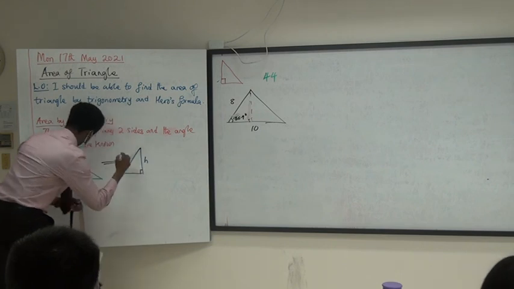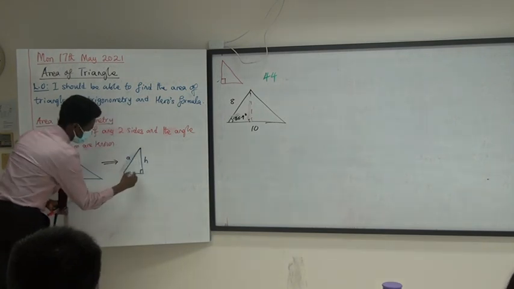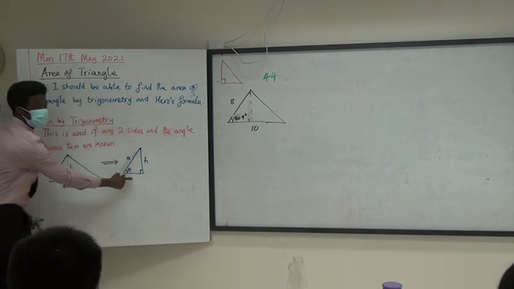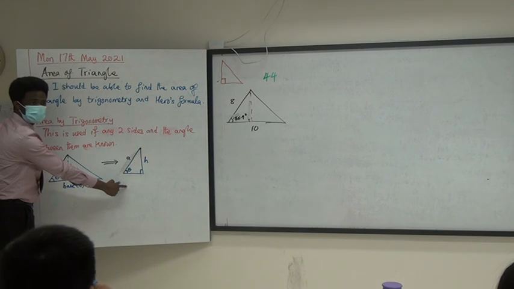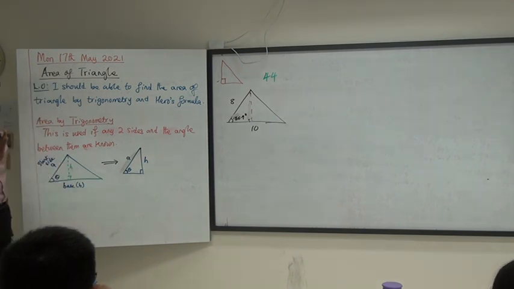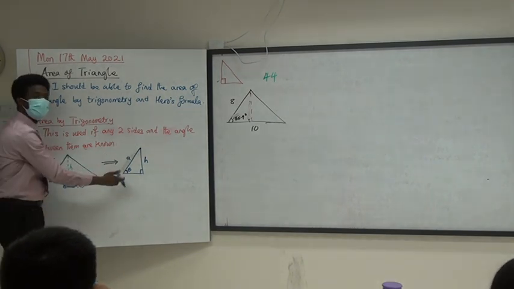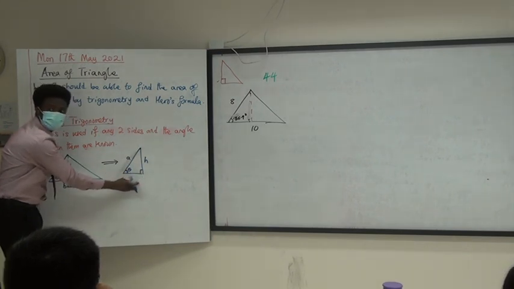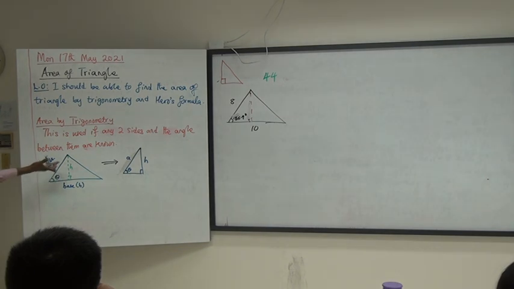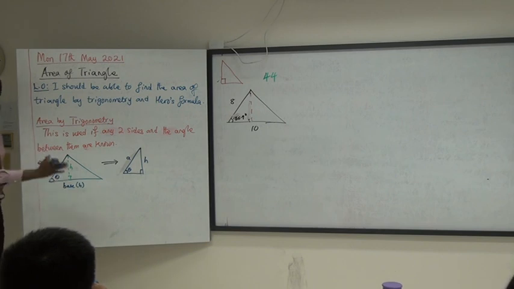This is H, this is A, this is theta. We know nothing about this. Are you with me? The only information that is certain is this remains A, and this is our height, and this is our theta. We cannot say what this is, because we don't know if it is isosceles or not. If it is isosceles, then we are lucky.